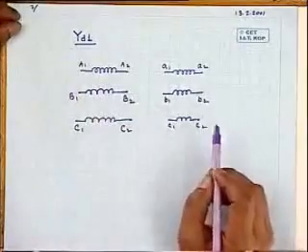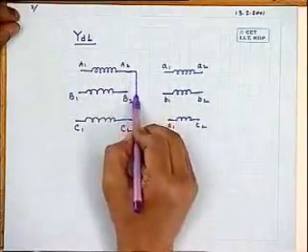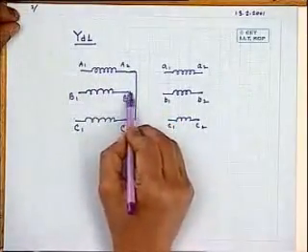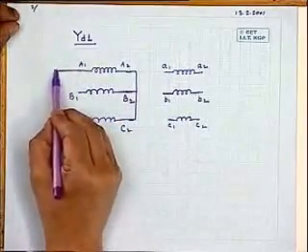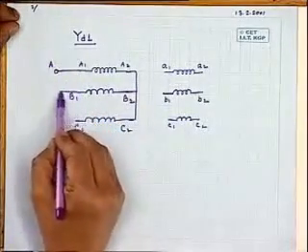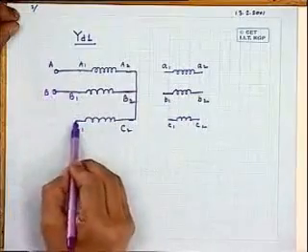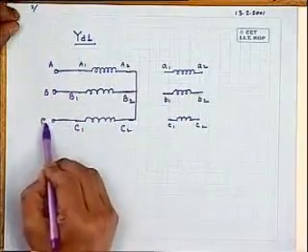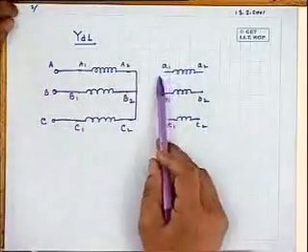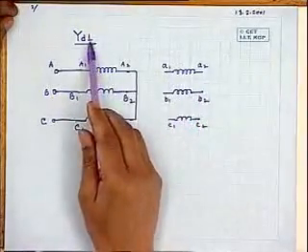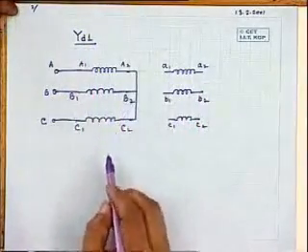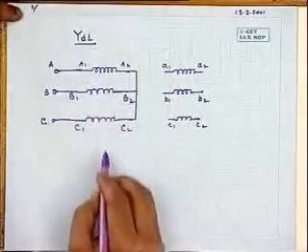So the primary side is star connected. So I will connect them in star. Suppose I have joined A2, B2, C2, and to this one I will connect supply A phase, supply B phase, and supply C phase. Now this secondary side connection I will complete after fulfilling this requirement. So for this, how do I proceed?